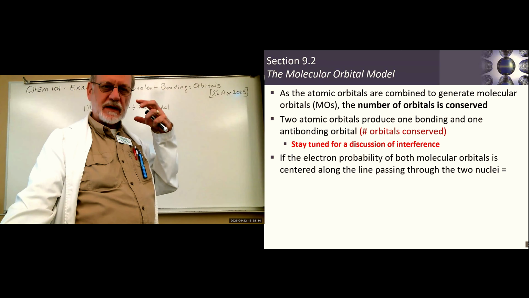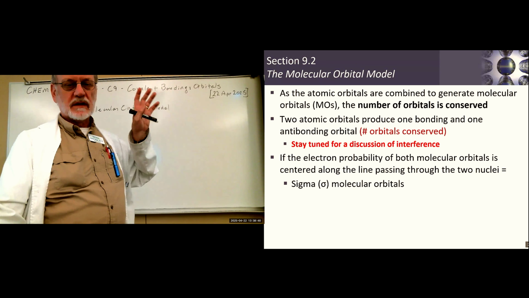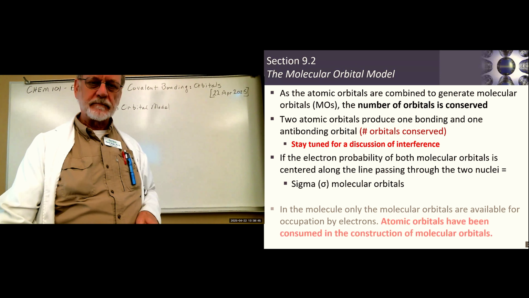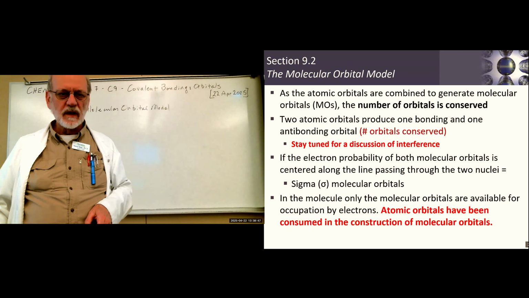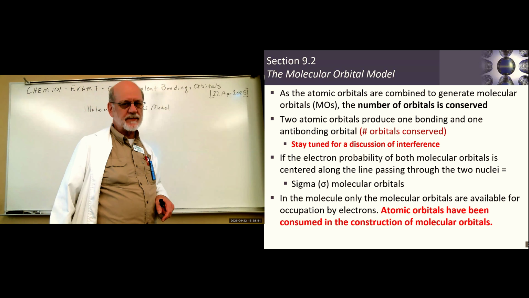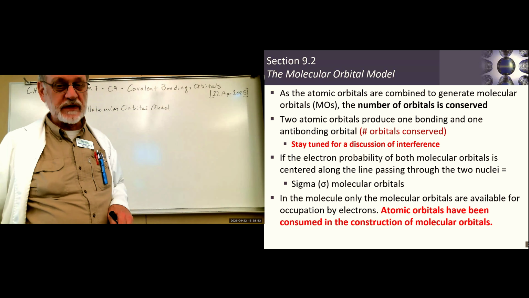And when we draw an example on the board, that'll put some flesh on the bones. And this last statement I've already said two or three times, but I can't say it enough: atomic orbitals are consumed in the construction of the molecular orbitals.